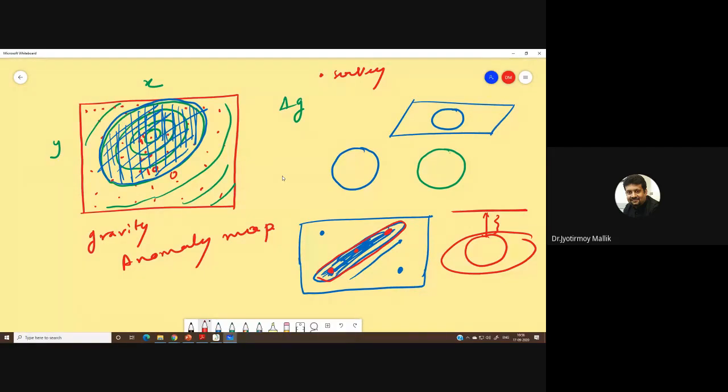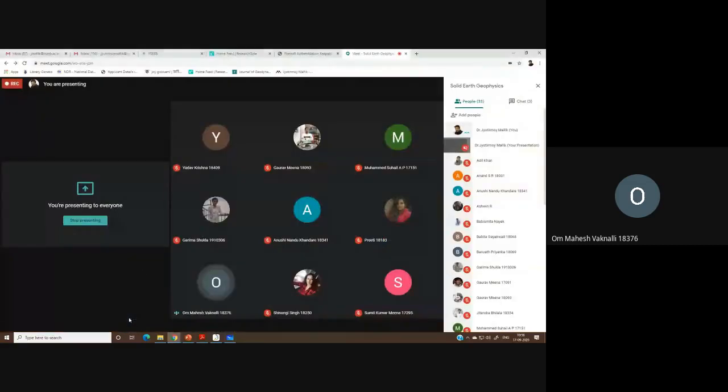Generally more than one technique is used together, so that you can constrain the material underneath better by looking at the same thing from two different methods, one by magnetics, one by gravity. Then you have a better constraint on the material sitting underneath. Does it answer your question, Om? Yes, sir. All right.